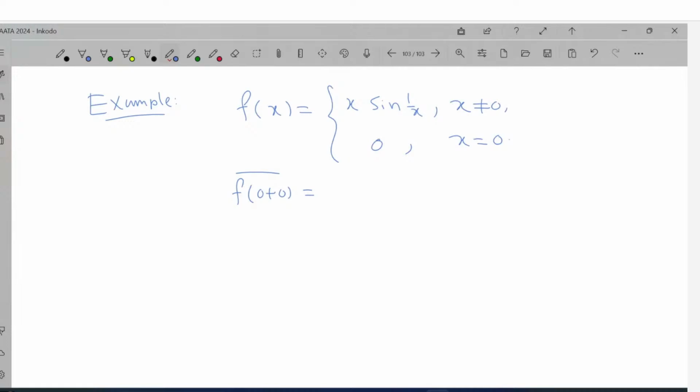Oh, I'm sorry. Yeah, for this function, the limit as x tends to 0 of x sine 1 by x is 0, which is the same as f of 0. So this function is continuous at the point 0.